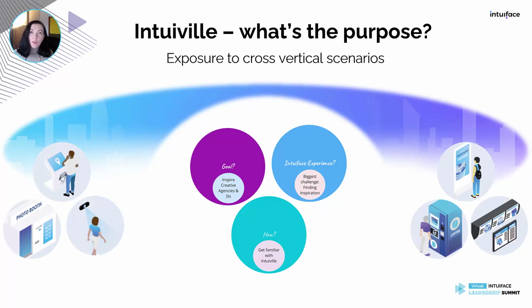In our experience, our clients' biggest challenge is finding inspiration to solve a business problem or having a vision for how to effectively adopt interactivity. If this rings a bell, we highly recommend that you get familiar with Intuiville, our virtual interactive showroom. In it, you'll find up to 70+ examples of how interactivity can enhance classic scenarios across multiple verticals.